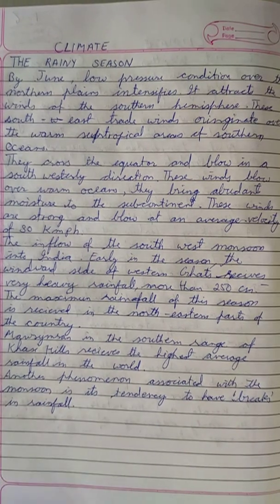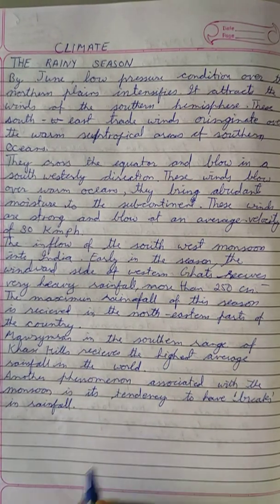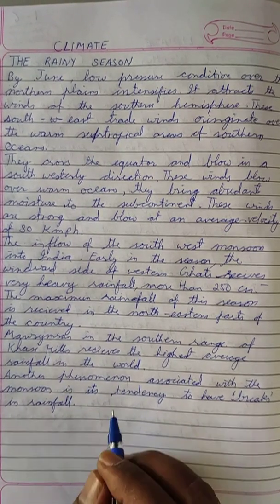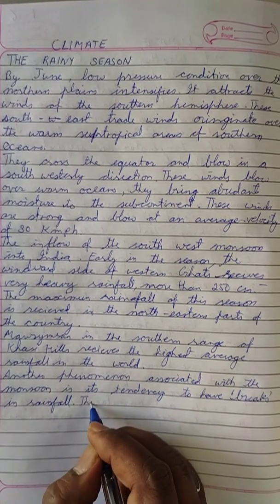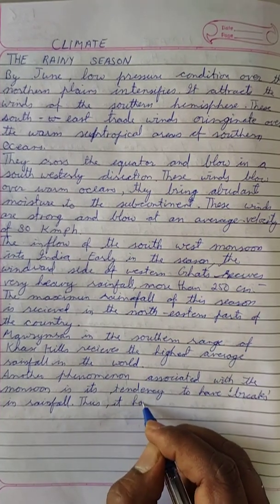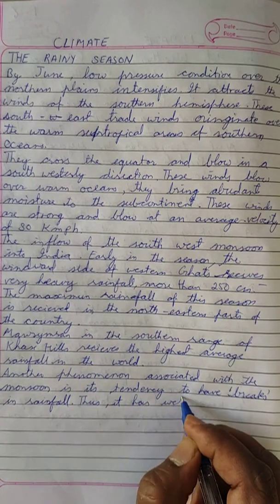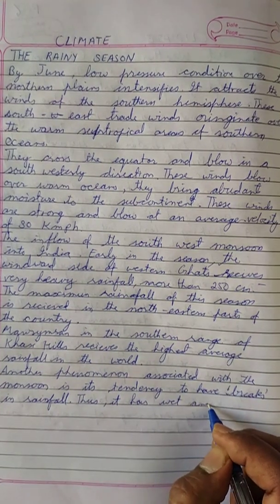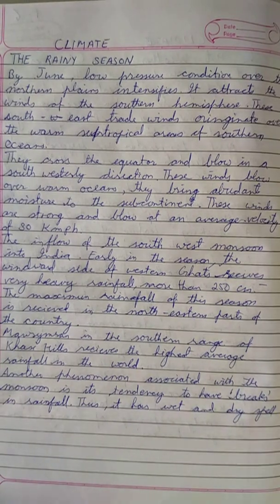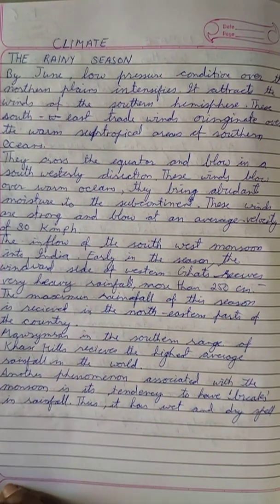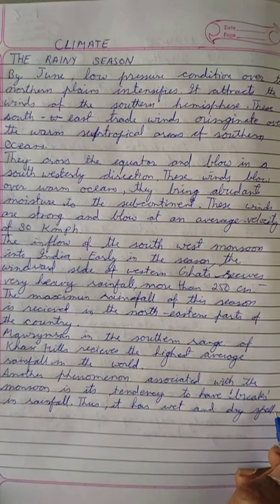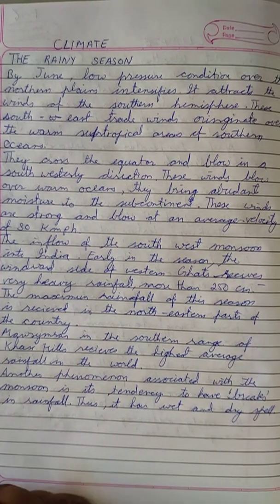Once it rains, then it stops for 2 to 3 days, 4 days, and again it rains. So thus it has wet and dry spells. Spell means a period.